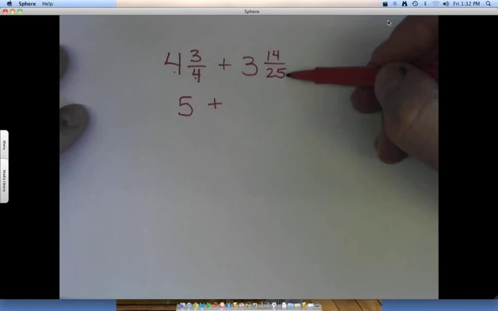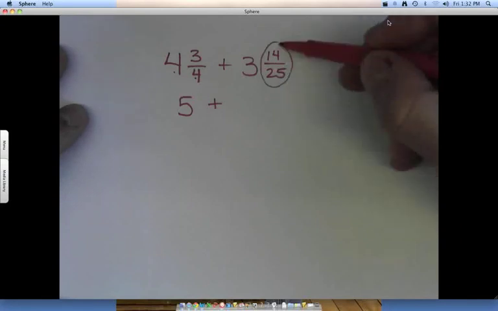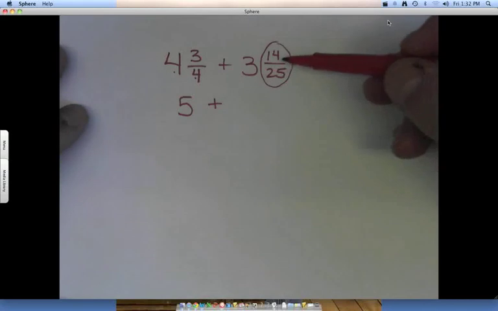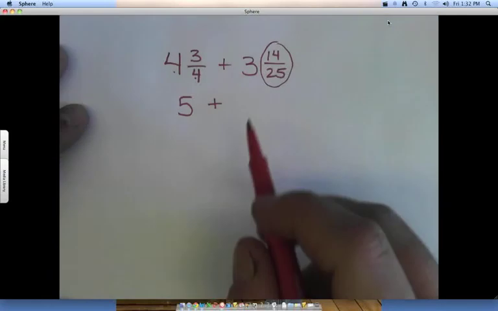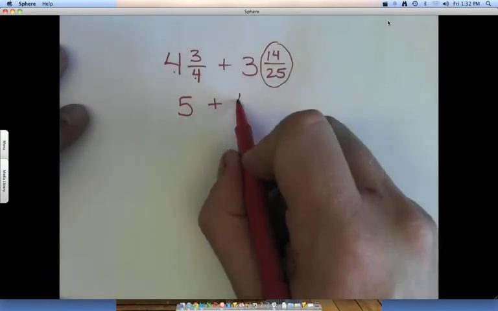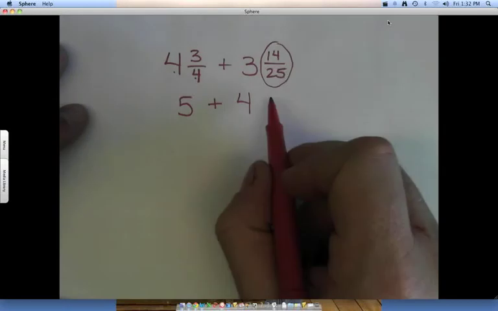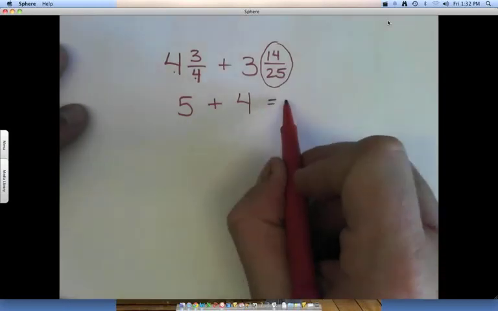The second denominator is 25 in the fraction 14/25. Half of 25 is 12.5. 14 is larger than 12.5, so 3 is going to round up to 4. So my answer then is 5 plus 4, which is equal to 9.